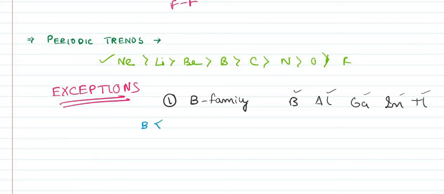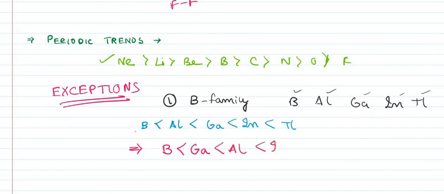Boron will have the smallest, then aluminium, then gallium, then indium, then thallium. As we go down the group, radius actually increases. But what is the real one? It is boron will have the smallest, then gallium, then aluminium, then indium, then thallium. What we are seeing here, this one, it is interchanged here, right?